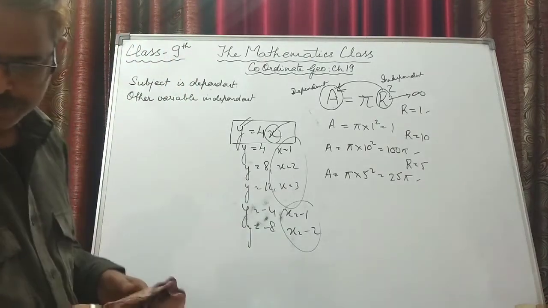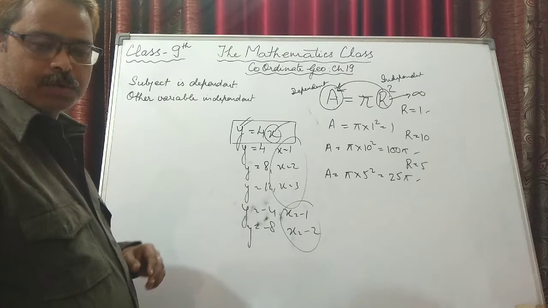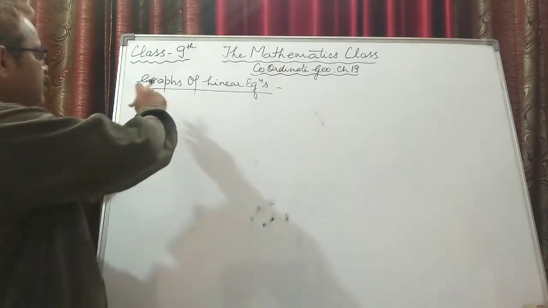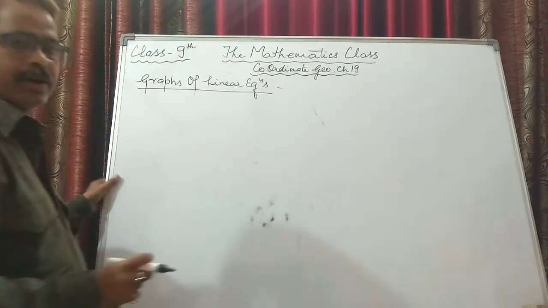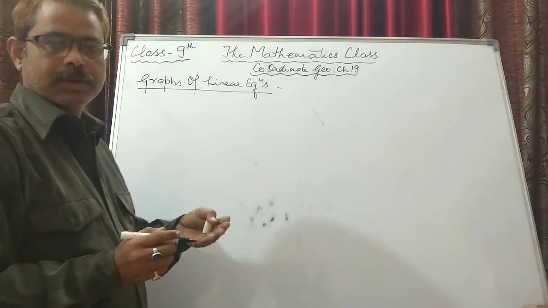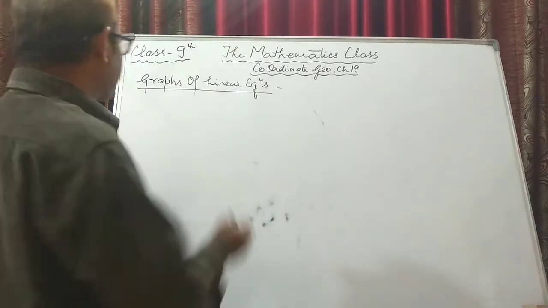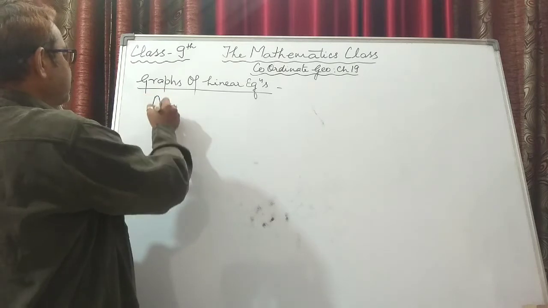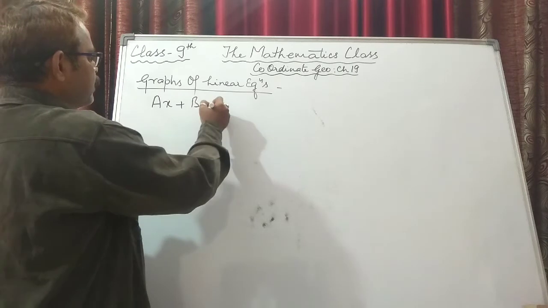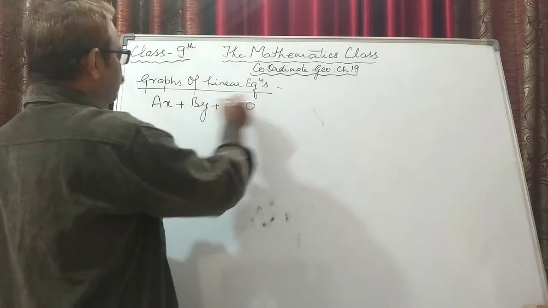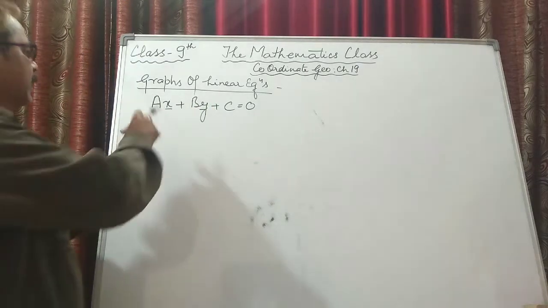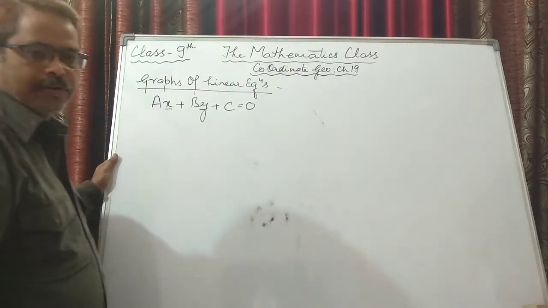Now we move on to graphs of linear equations, how to draw the graphs of these. In the previous classes you have studied the linear equation in two variables. We have studied that a linear equation in two variables is written as ax plus by plus c is equal to 0, where x and y are variables, one dependent and one independent, and a, b, c are all real numbers.